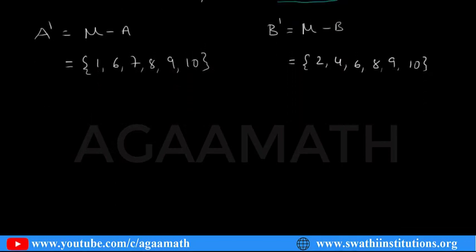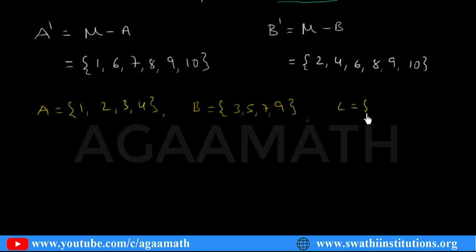Here is another example I would like to take. Let A equal 1, 2, 3, 4, B equal 3, 5, 7, 9 and C equal 2, 4, 6, 8.